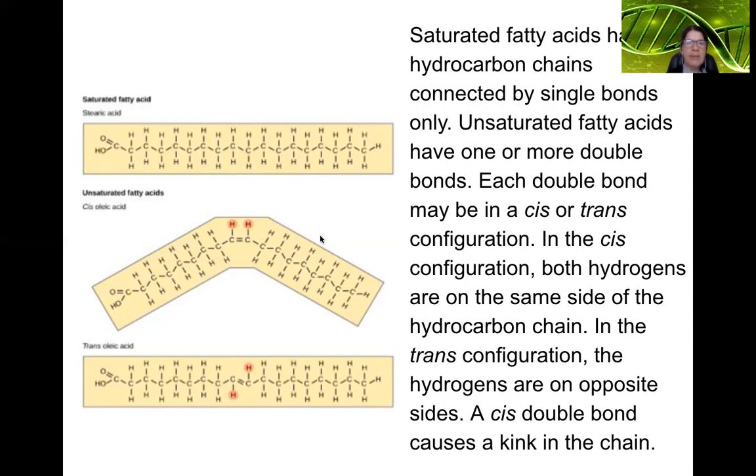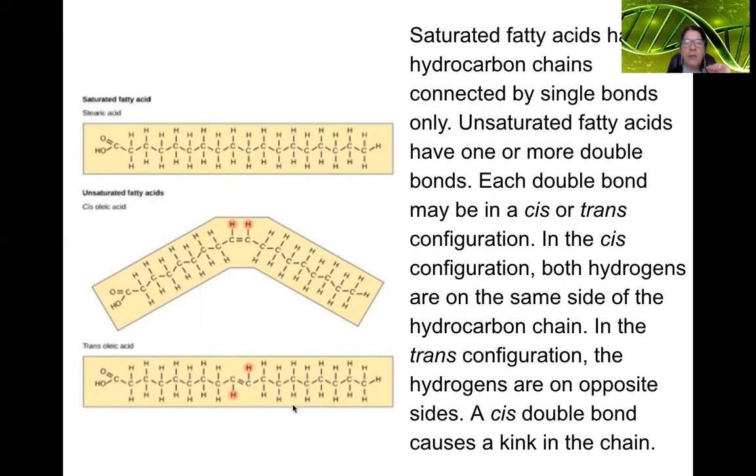So a cis acid looks like this. The hydrogens are positioned on the same side of the double bond. So this acid will bend. It will bend because of the double bond. Now, if the hydrogens are positioned on opposite sides, which is the lowest picture, which is a trans acid, there will be no bend in this acid, and that's important.